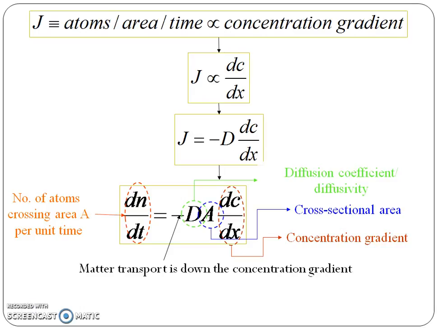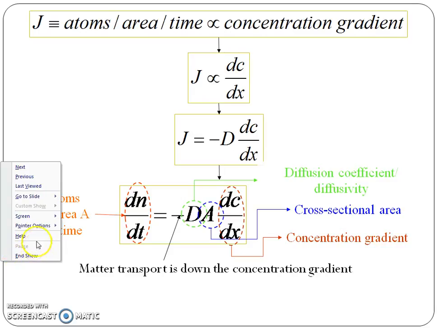So, as we have already discussed, J, which is nothing but diffusional flux, is atoms per area per time, or mass per unit area per time, which is the actual quantity of that particular material diffusing through the perpendicular area, as we have already discussed in the last class.